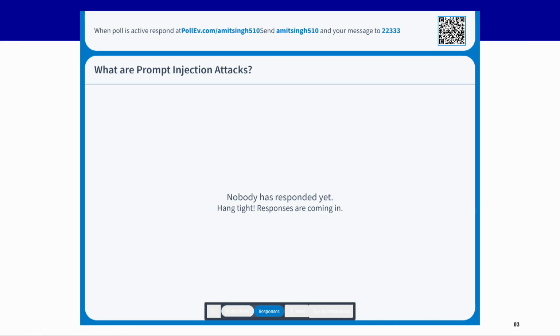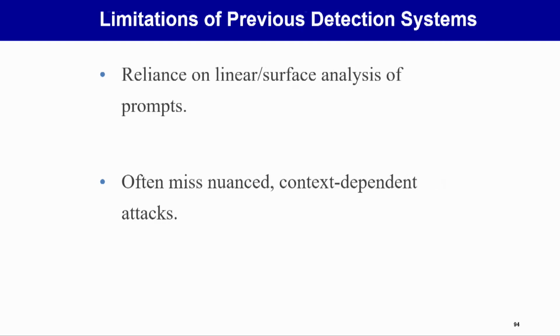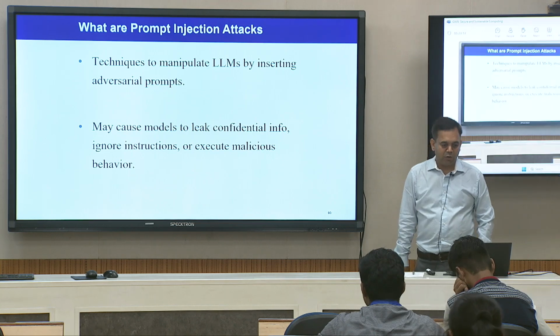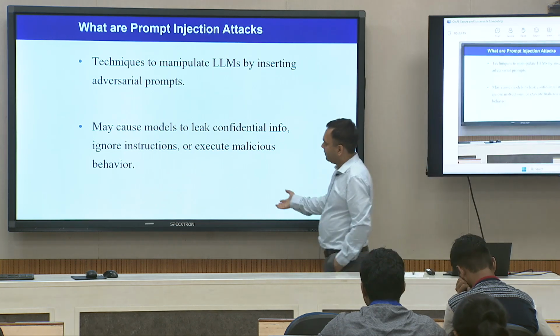Let's see, it goes to the next slide. So like we have already seen, these are techniques to manipulate large language models by inserting adversarial prompts. You curate your prompt in a way that manipulates the large language models. What exactly will happen?